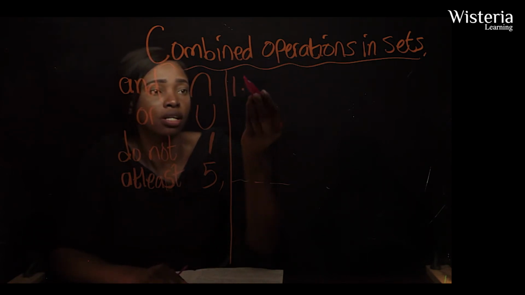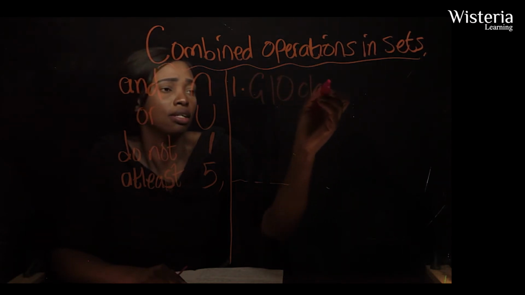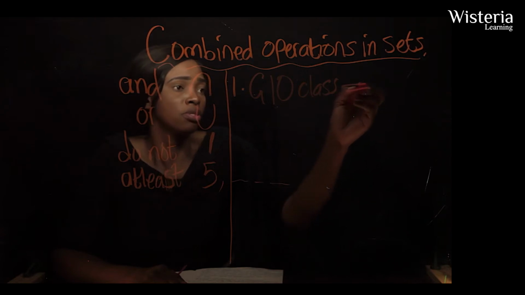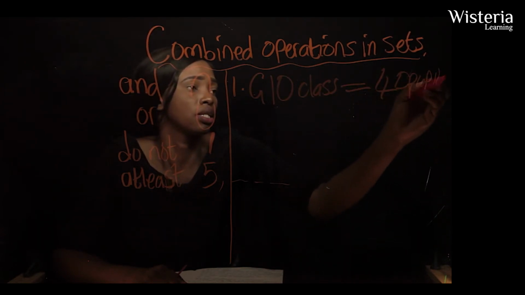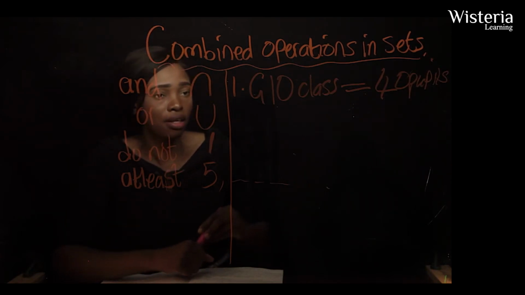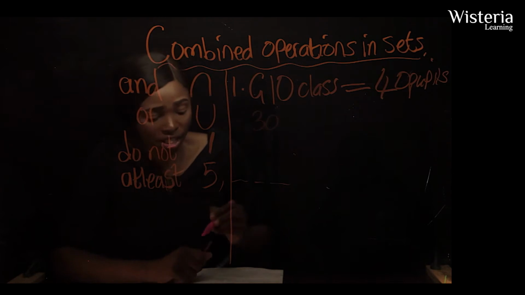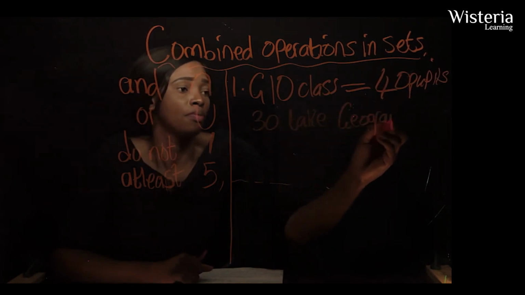So in this grade 10 class, there are how many pupils? There are 40 pupils.